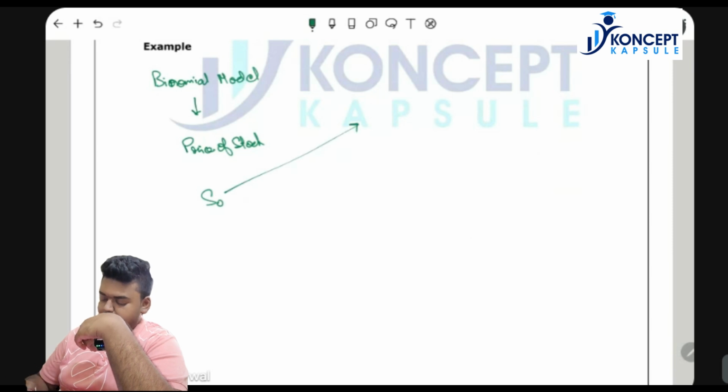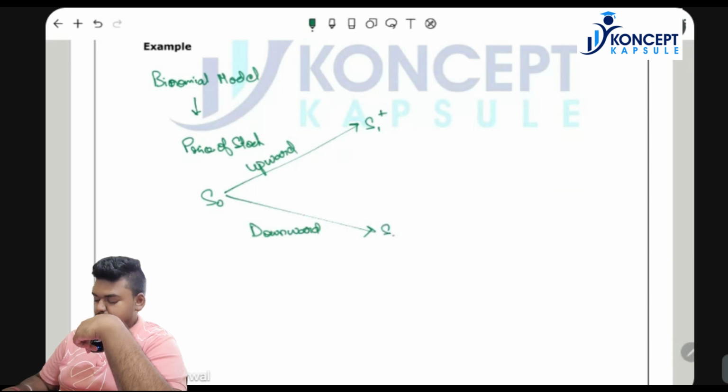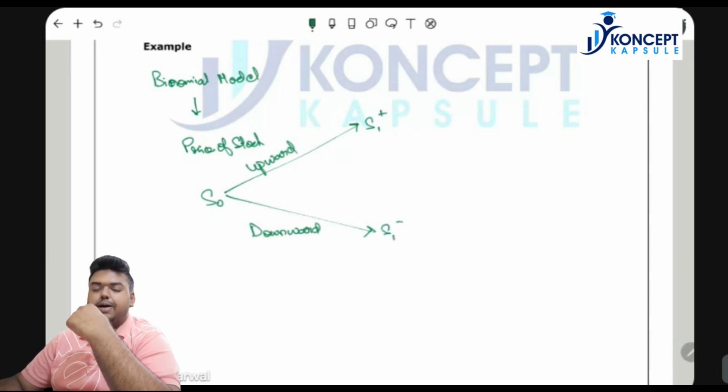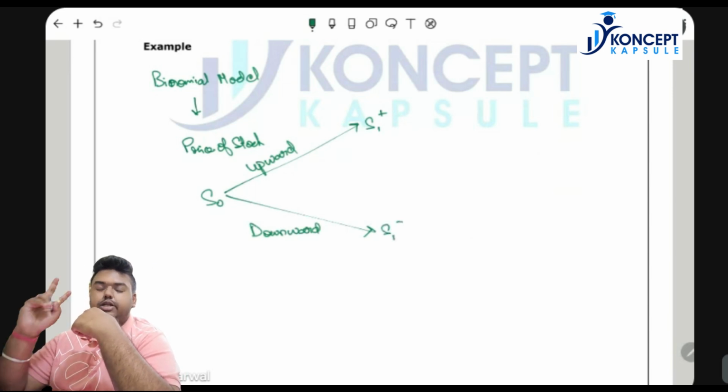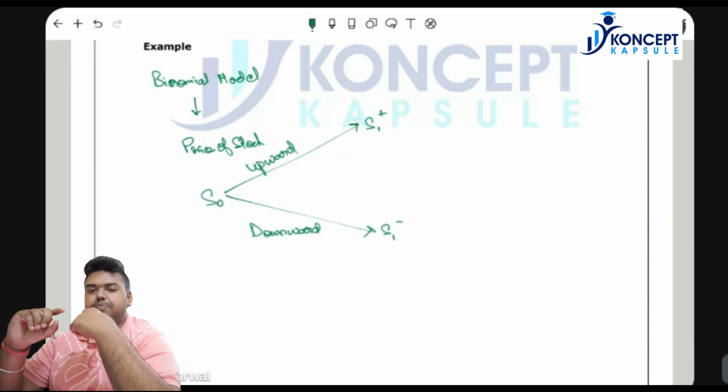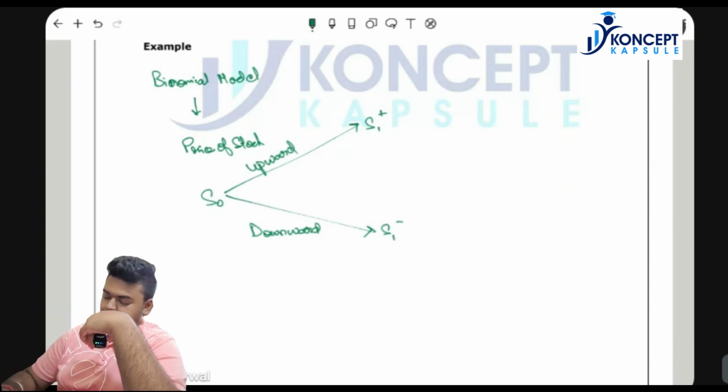Either it will go up to S1 plus, or it will go down to S1 minus. So the binomial model is saying that there are only two possible paths of a stock. Either it will be S1 plus or it will be S1 minus.